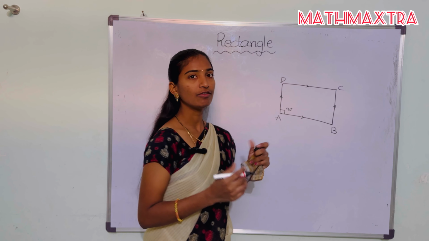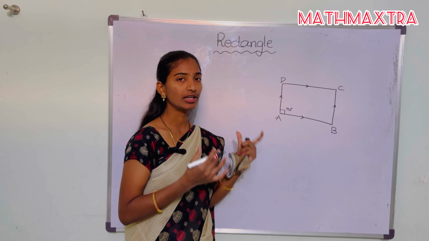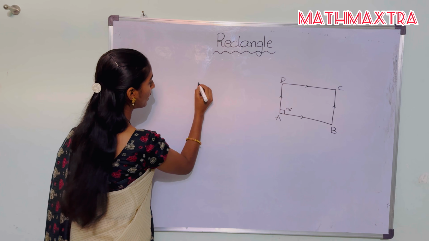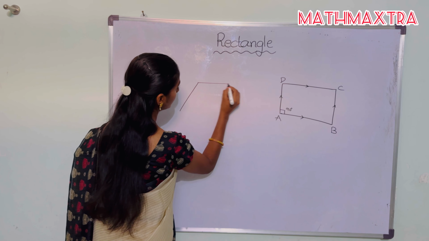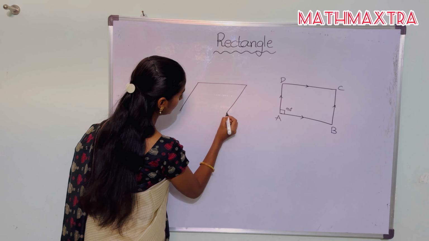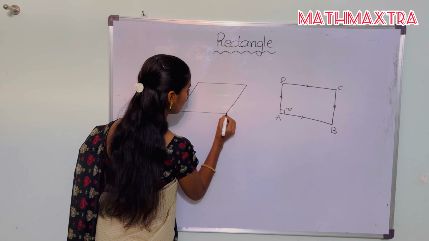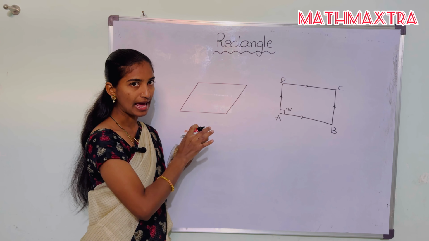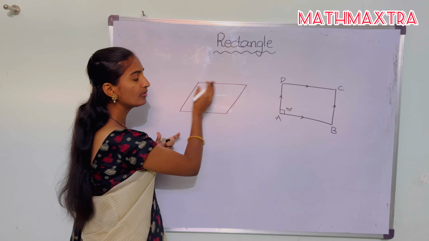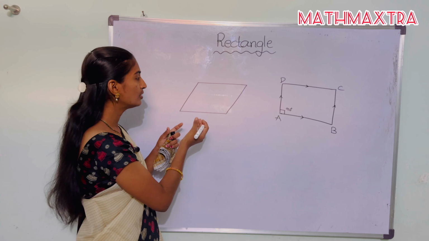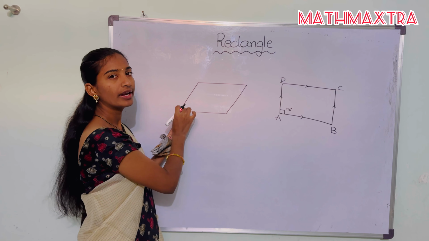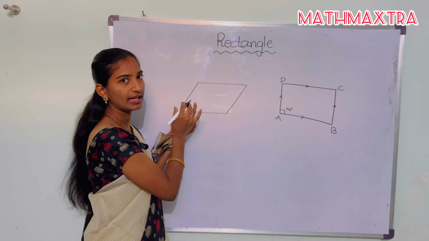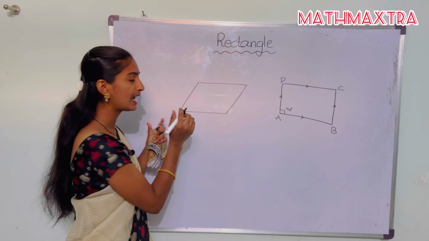Then we call this quadrilateral a rectangle. And if you want to state the definition of a rectangle in terms of a parallelogram, see, we have a parallelogram. In a parallelogram, we know that the pairs of opposite sides are parallel, and along with that condition, we are making one of the interior angles 90 degrees.